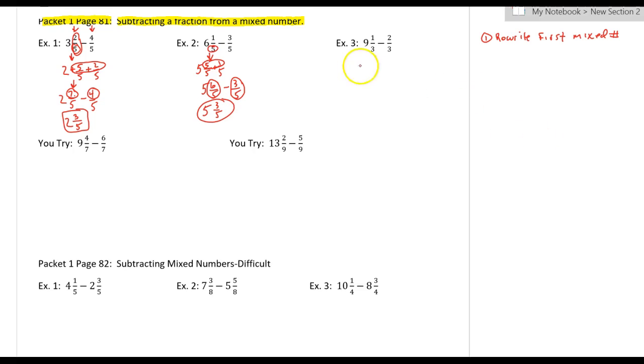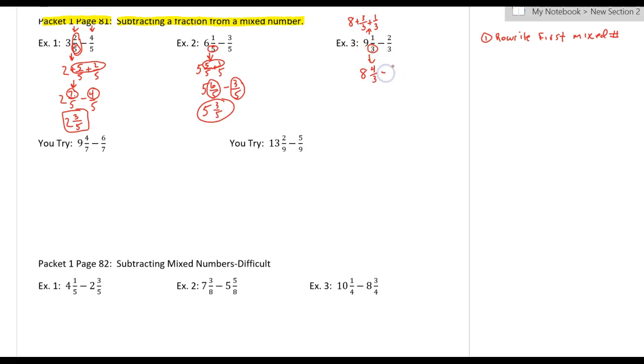Okay, so I'm going to try and be a little more organized here, and I'm going to say this one: 9 becomes an 8. Our denominator is 3, so we're going to add the 3 over 3, and then our initial 1/3. So we're going to rewrite 9 and 1/3 as 8 and 4/3.